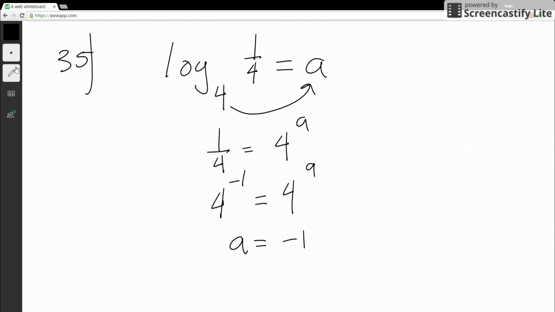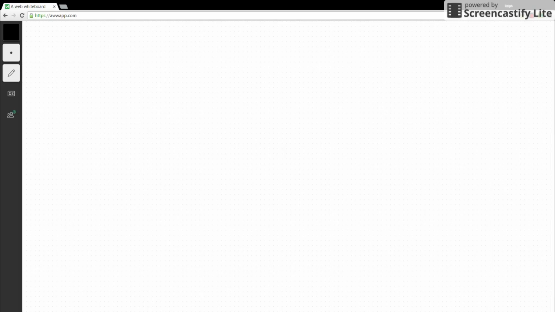36. You have to mess around with the decimals a little bit. For 36, it's log base 10 of 0.00001, with 4 zeros there and then a 1.